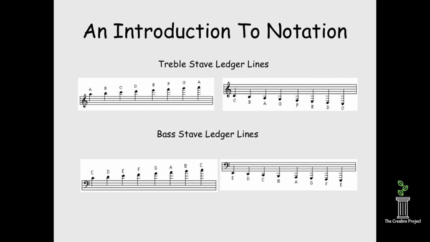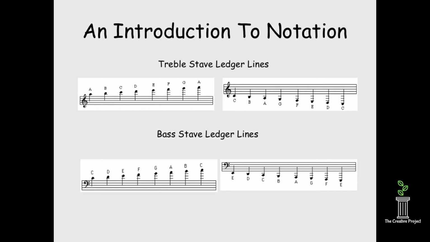So you can see here, the notes above the treble staff are given here A, B, C, D, E, F, G, and the notes below the treble staff are C, B, A, G, F, E, D, C. Same for the bass staff ledger lines. You can see here, these are the different types of notes represented by ledger lines on the staff.